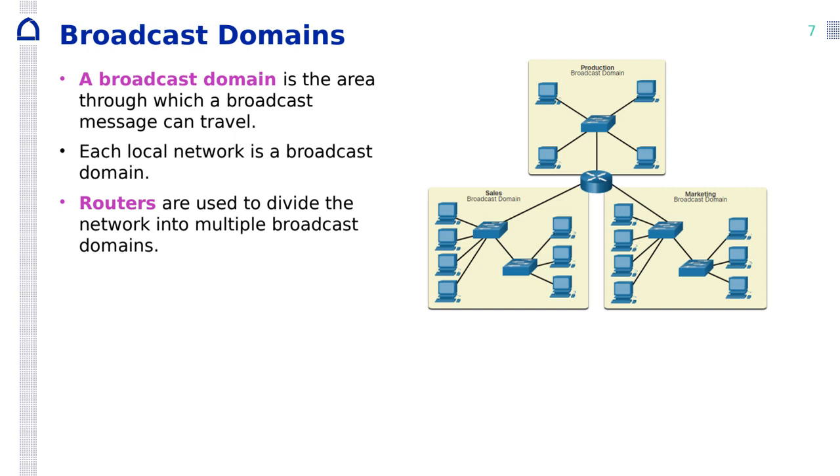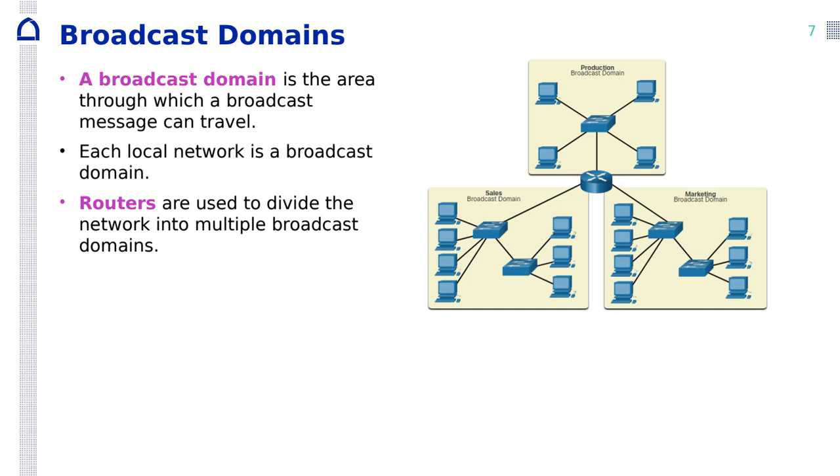What about here? How many broadcast domains do I have here? Who can tell me? Because I have a router. Each interface of the router is connected to a LAN. So we call this a broadcast domain. A broadcast means when you send to everyone.